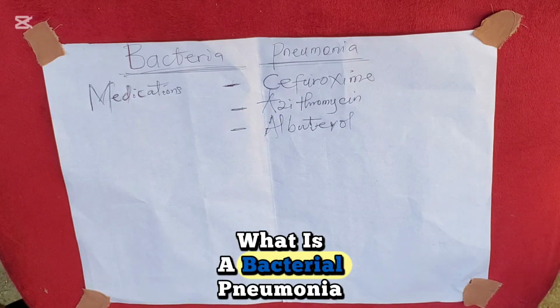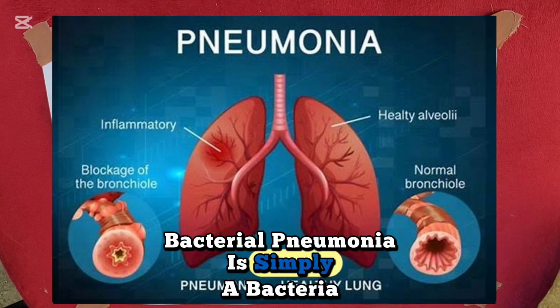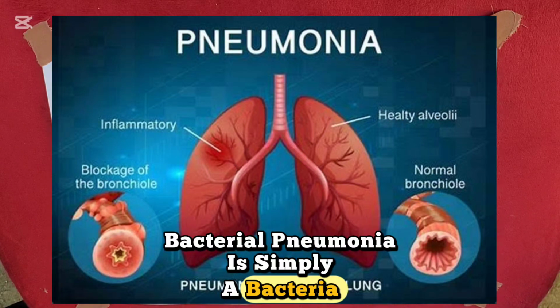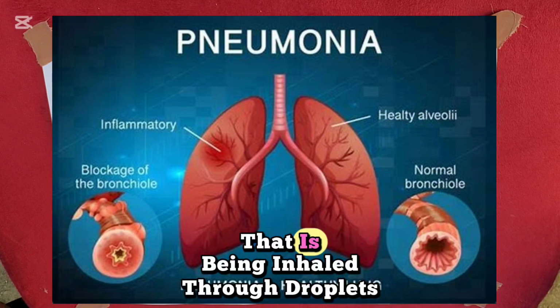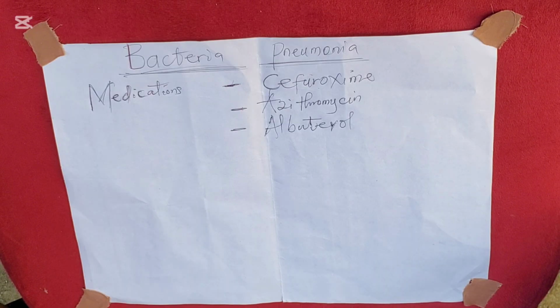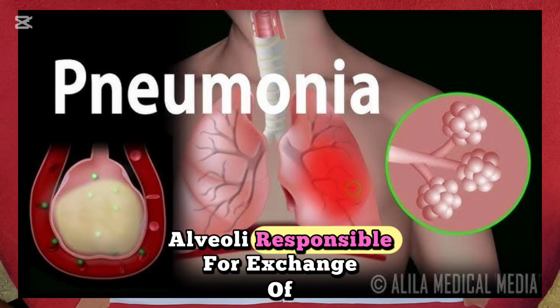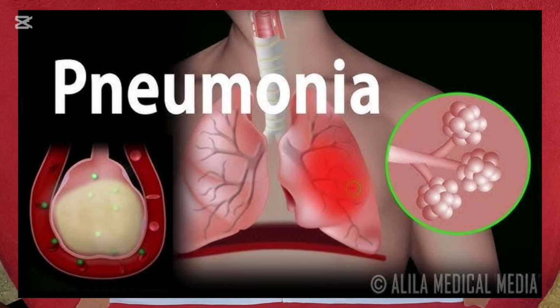Bacterial pneumonia is simply a bacteria that is being inhaled through droplets into the lungs, which affect the alveoli responsible for gaseous exchange.